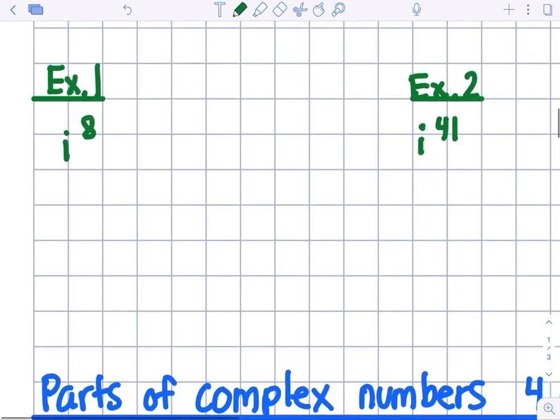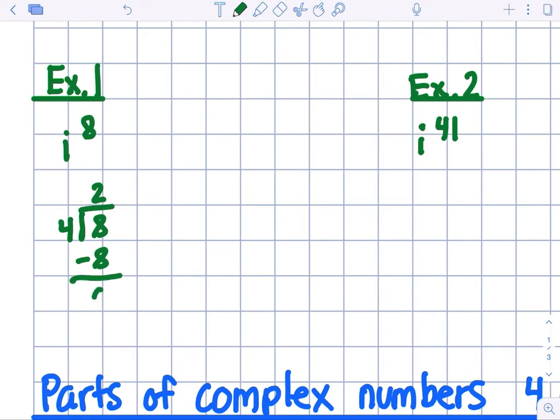So how many times does 4 go into 8? Isn't it twice? 8 divided by 4 is 2. Since it goes evenly, all you have to focus on is the remainder. So watch. 8 divided by 4 goes 2 times with a remainder of 0.